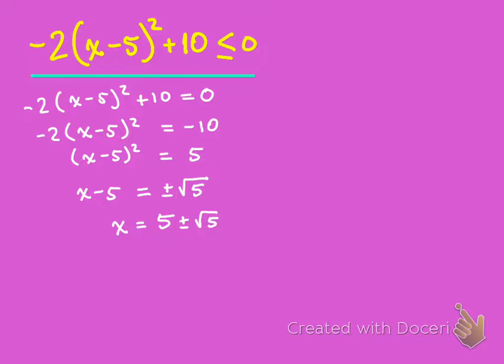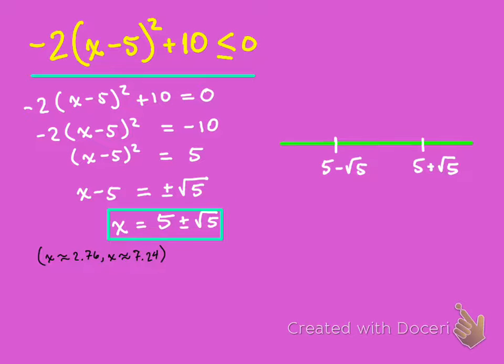That's an irrational number. All right, so just to get a mental picture of it, I put that into a calculator, and I got x is about 2.76 and about 7.24. That's handy because when we put those numbers on a number line, I now know I can pick a number in between them very reliably, and I think a number that might work out well for us is the number 4.